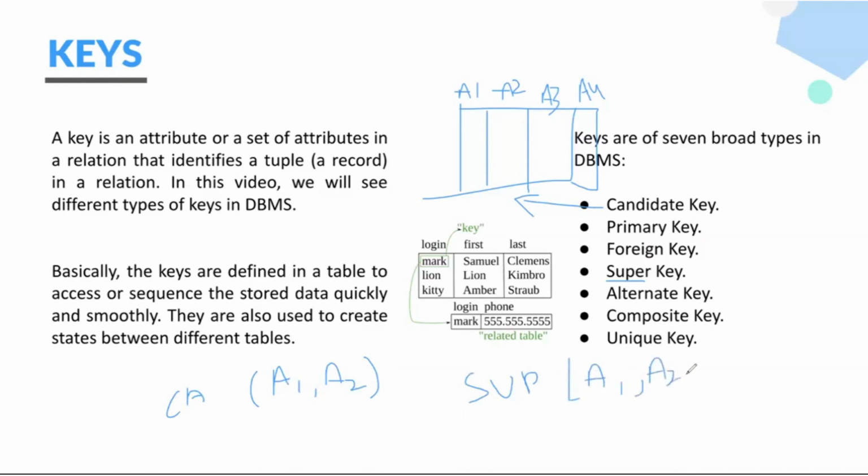Because A1 and A2 is there. Even this set will also define uniquely, right? Of course. So this is a superset of the candidate key. So this is a super key.